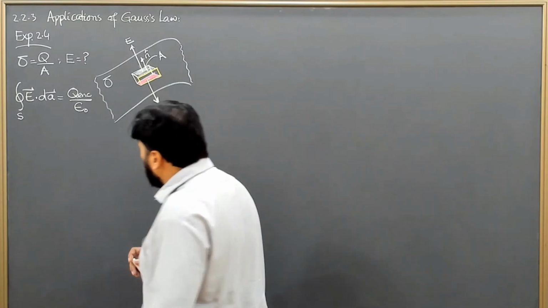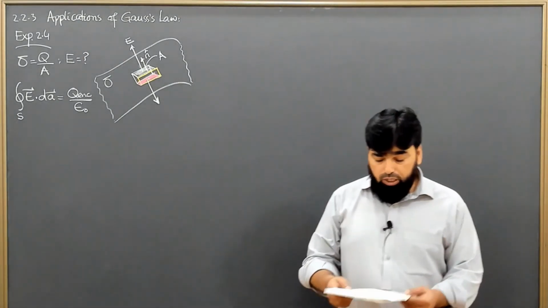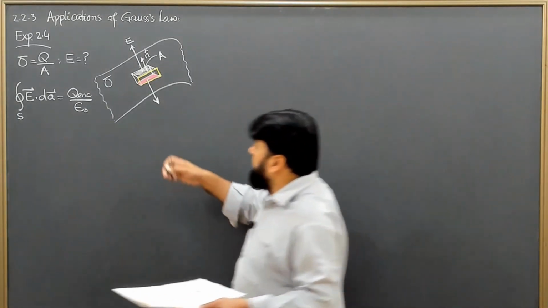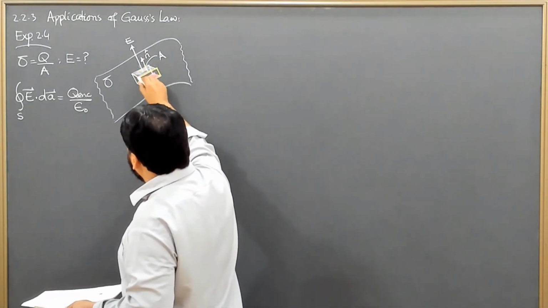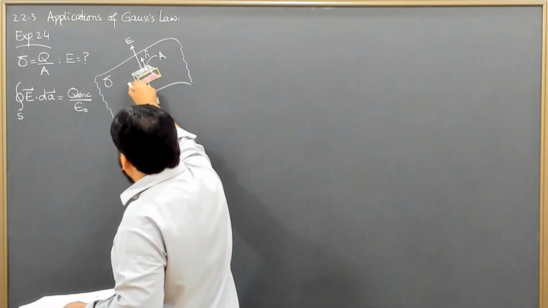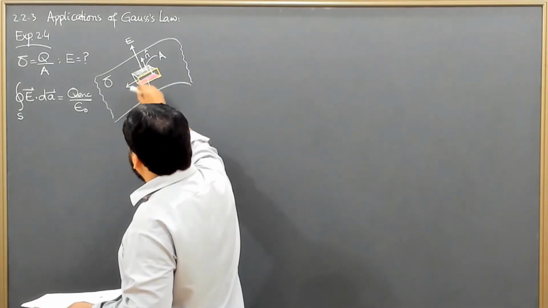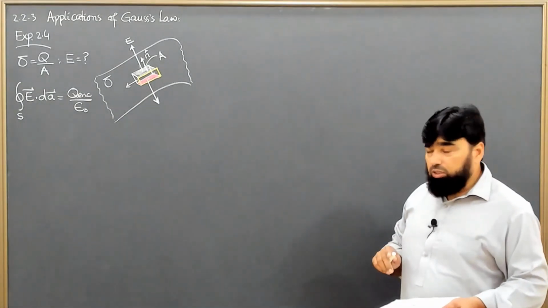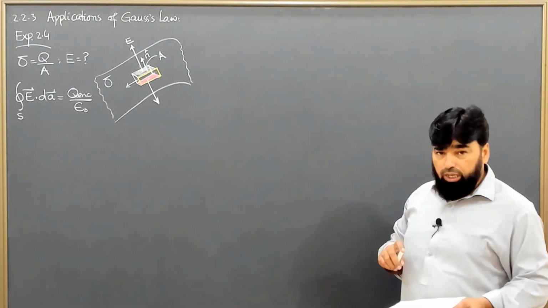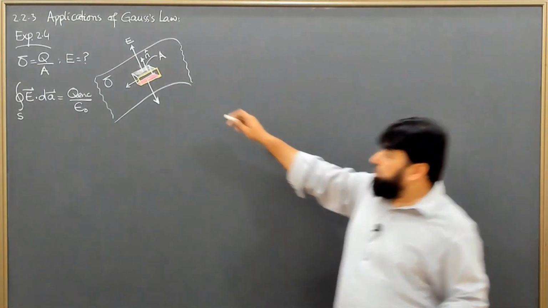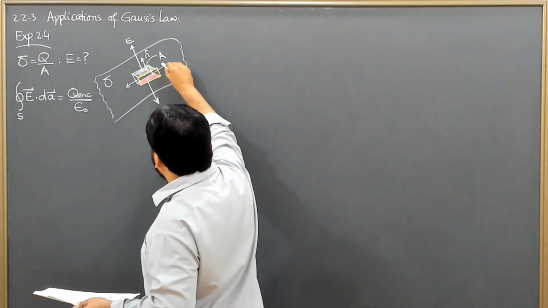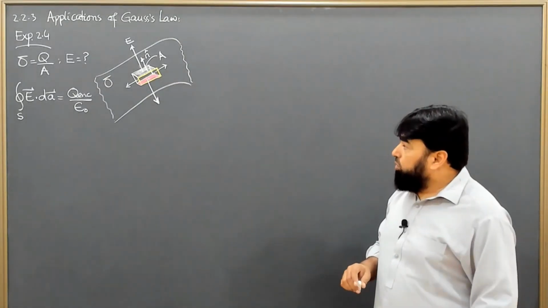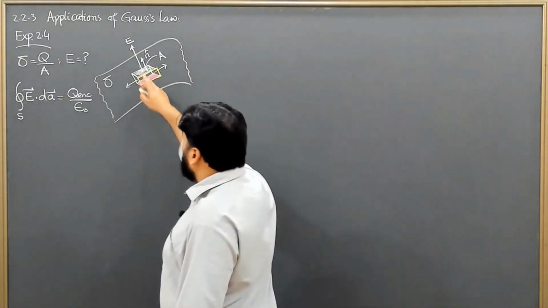But keep in mind, here we will count the upper face and the lower face, while these side faces do not contribute, because the area there is in this direction while the electric field is in this direction. That's why the flux due to these surfaces will be equal to 0, and we will only have the contribution from the top and bottom.